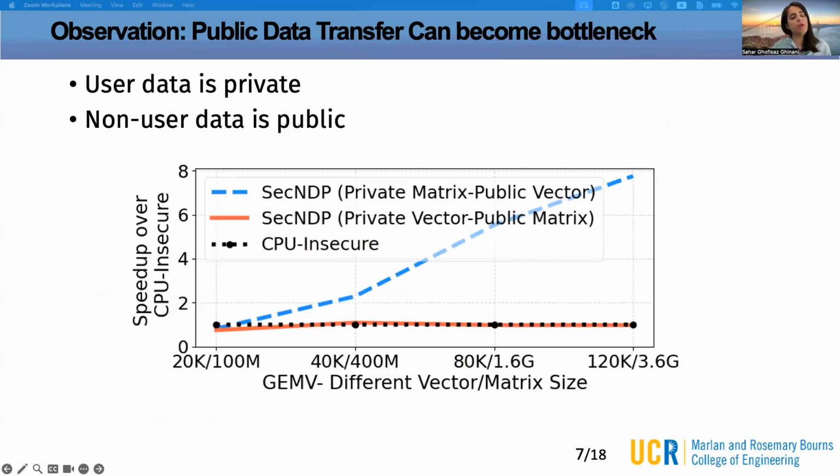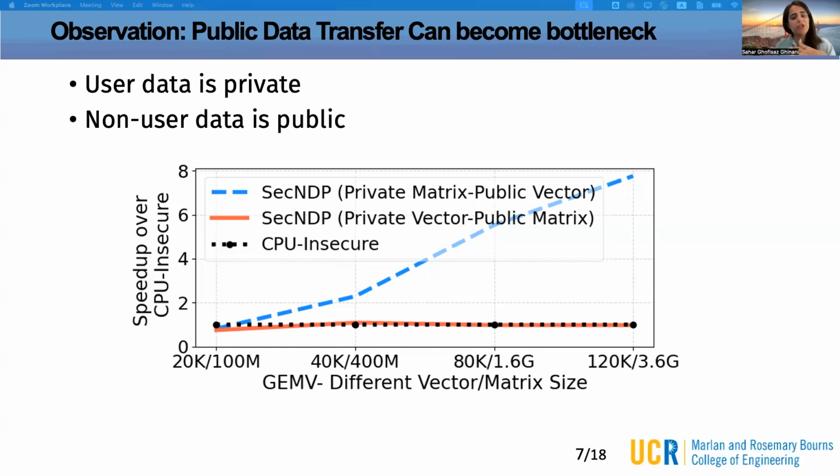So, to further elaborate the first issue, let's consider the GEMV kernel, in which we have a matrix and a vector as inputs. This figure presents the speedup of SecureDP, our prior work, compared to the insecure CPU implementation. The blue line here is when the matrix is private and the vector is public, and the red line is when the vector is private and the matrix is public.